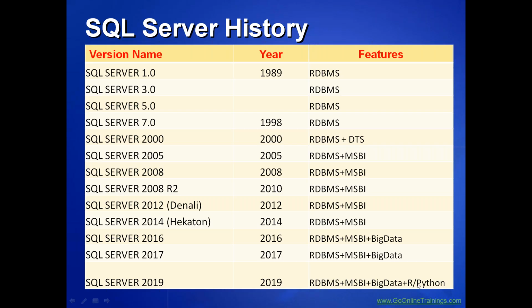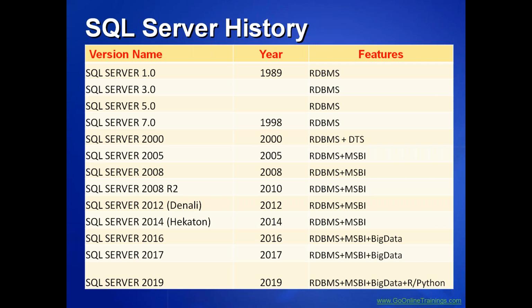Today, with the help of MSBI, we can talk to big data. We can also develop data science applications because data science needs data. If you supply historical data to R or Python, they can make future predictions. Clear? So R and Python can also be used, as long as you have data in your data warehousing or OLTP applications.